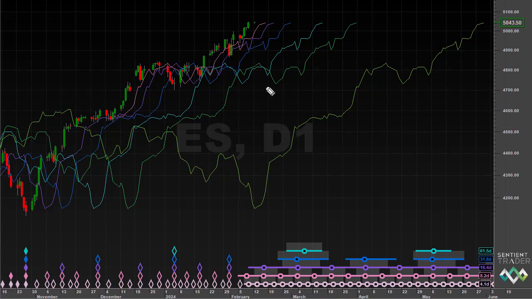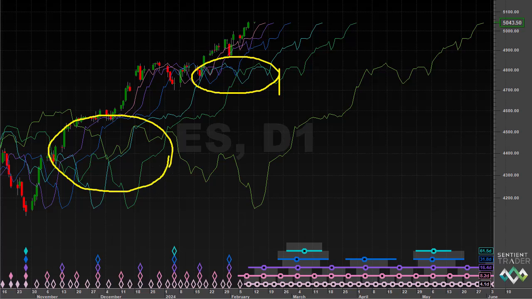You get periods of time, such as this period over here, where the FLDs are very much mashed together. They are crossing over one another, and they are really a bit of a mess. You will notice a similar thing happening over here, particularly with the 20-week and 40-week FLDs.